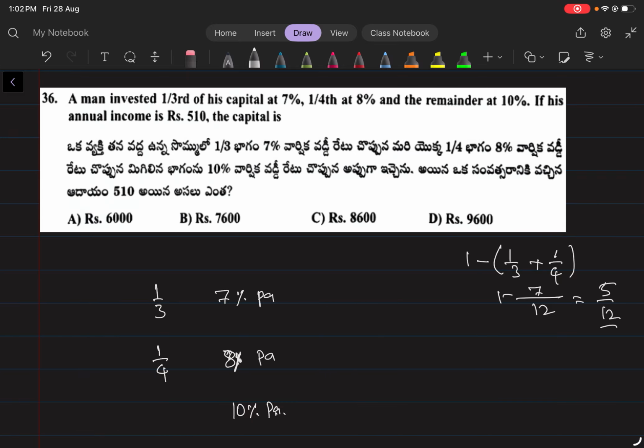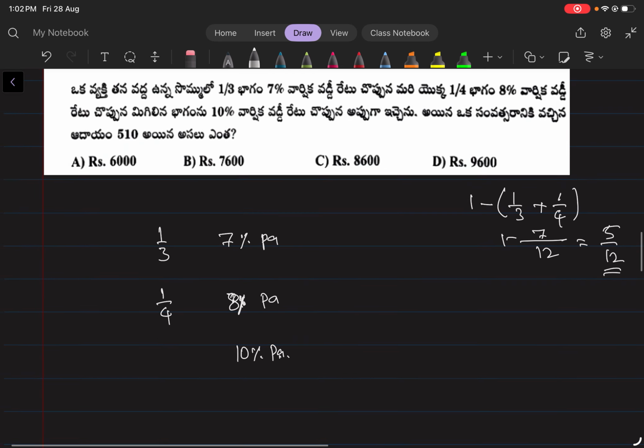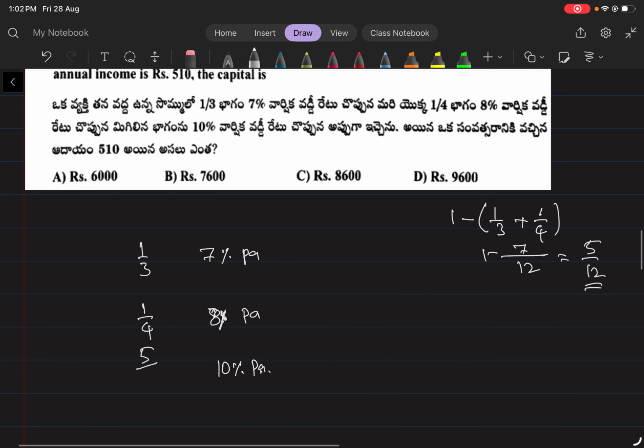So remaining is 5/12, and this much amount he has given at 10% per annum. This is the question. Now what is the principal amount he has? That we have to find.